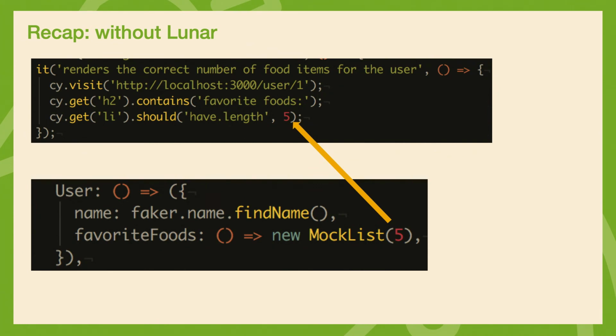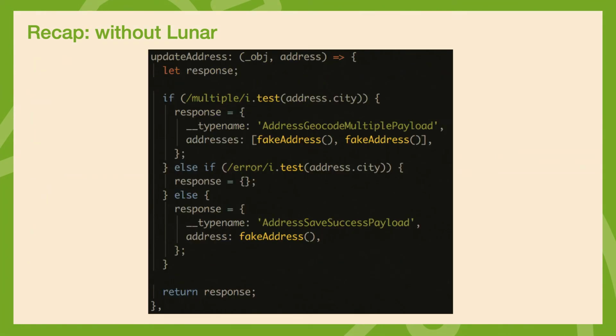And so we're no longer dependent on the templates that we've defined. This is actually some code that we wrote at ezCater in our mock server before we developed Lunar. And so this is actually how we were seeding our mock server. And you'll see we're doing some crazy stuff in here.